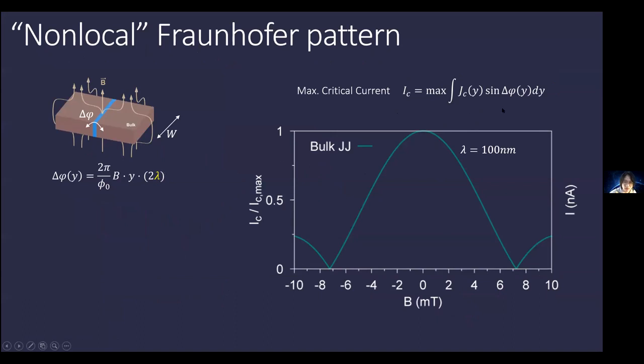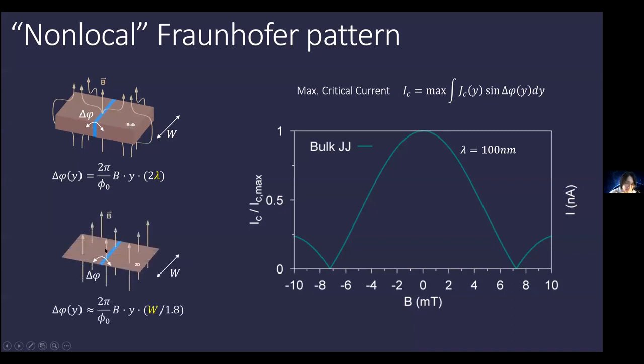Basically, the oscillation periodicity in the magnetic field is determined by how fast the phase across the junction winds as a function of the distance into the junction. For a bulk junction like here, the phase winding rate is determined by 2 times the London penetration depth, because the magnetic field only penetrates in a small strip of width 2 lambda near the junction.